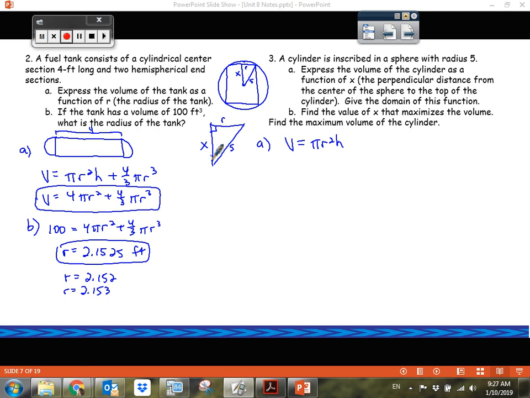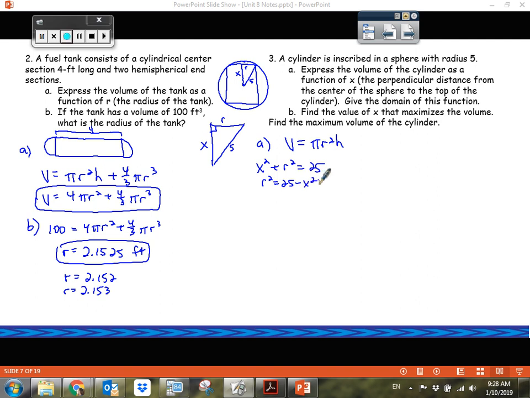That's on our right triangle. So we can establish the relationship of Pythagorean Theorem. So let's do that. So we have x squared plus r squared equals 25. I really want to get rid of the r squared up here, so I'm going to solve for r squared. So r squared equals 25 minus x squared.